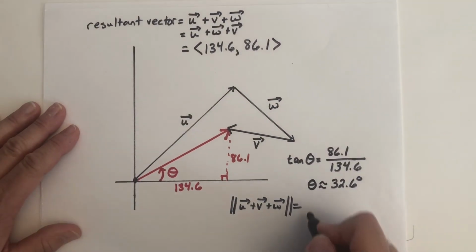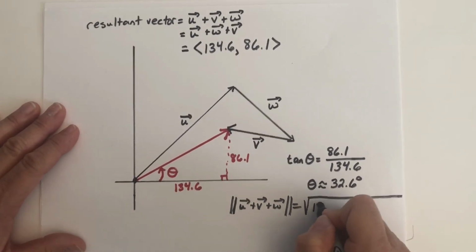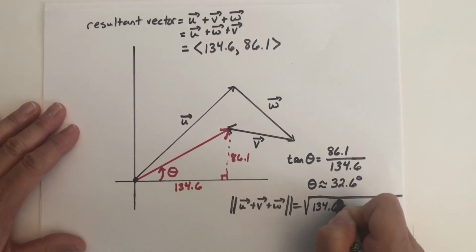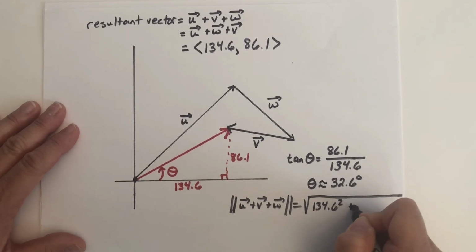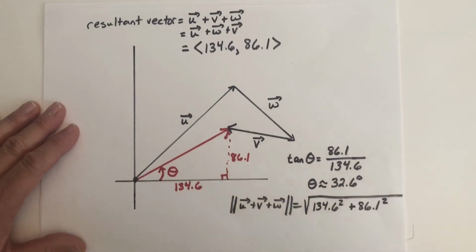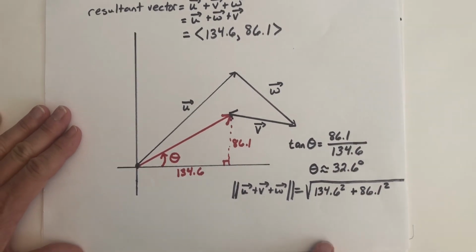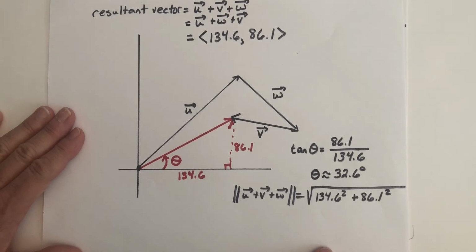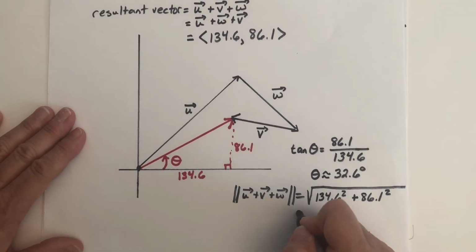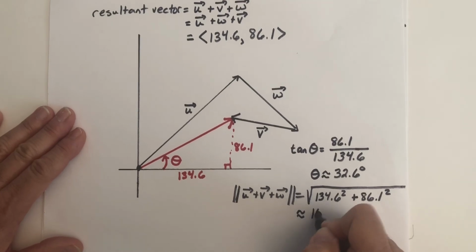We know it's the square root of 134.6 squared plus 86.1 squared. And we just have a problem to punch in on our calculator. If you do that, you'll find it's approximately 159.7, and we could say 160.